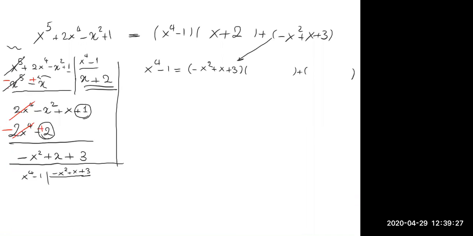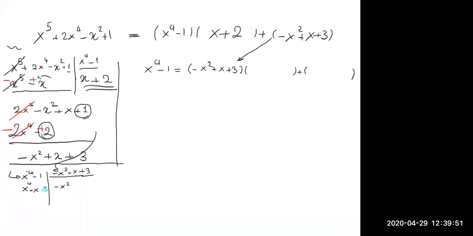Okay, here I have x to the 4, and here I have minus x squared. So if I multiply it by minus x squared, minus times minus would become plus, and x squared times x squared becomes x to the 4, which would cancel the other x to the 4. Minus x cubed minus 2x squared.